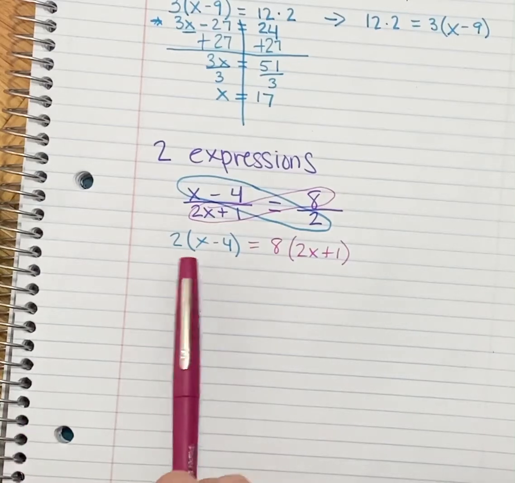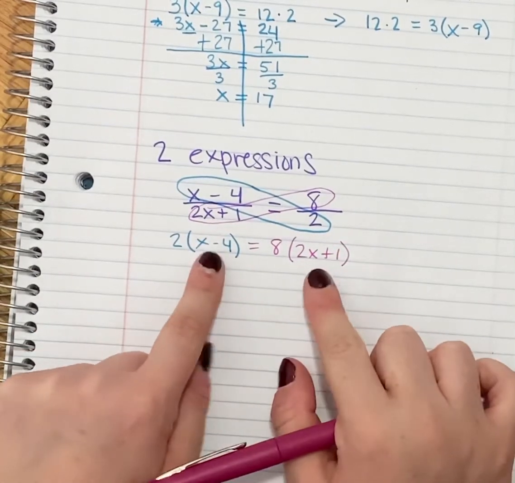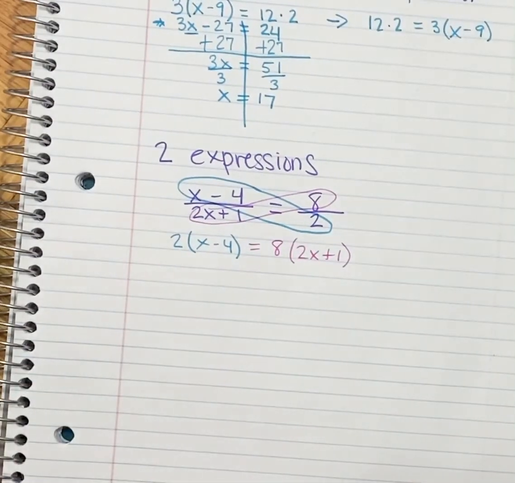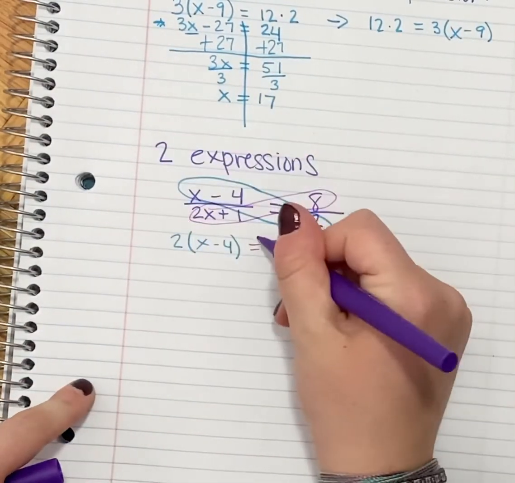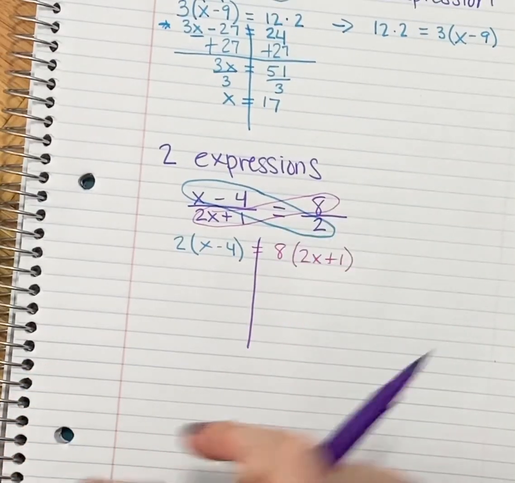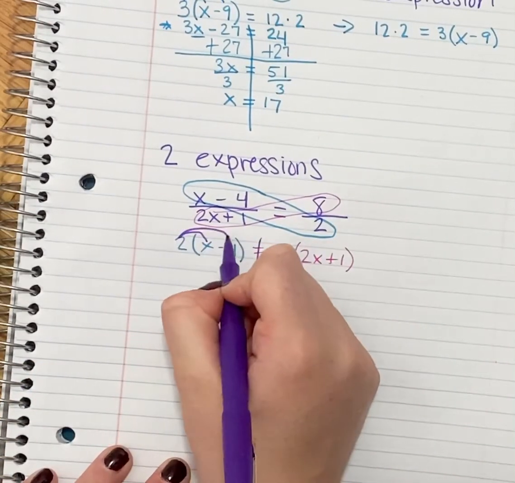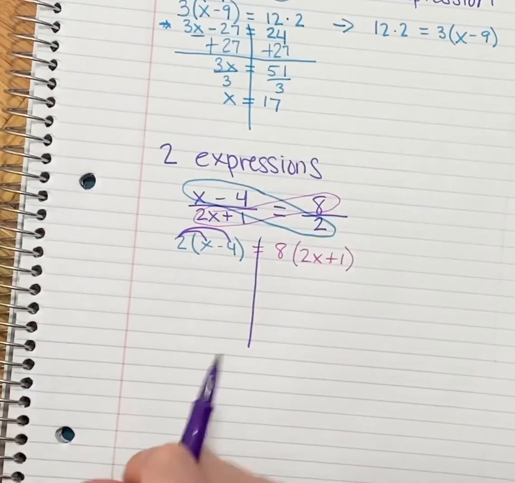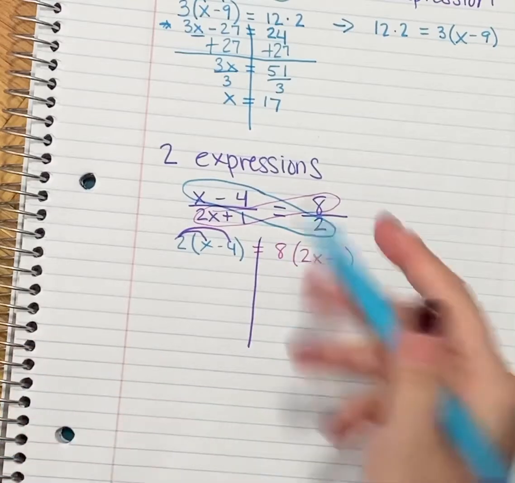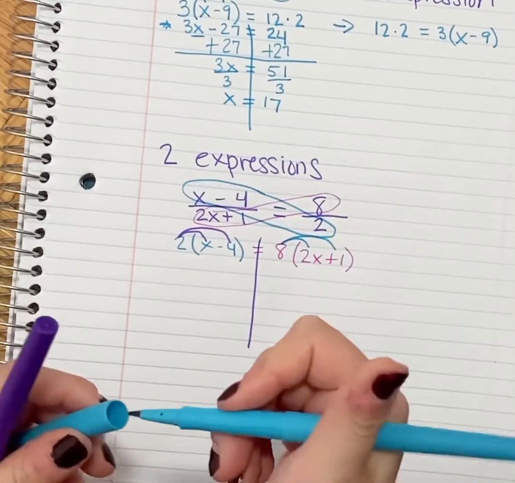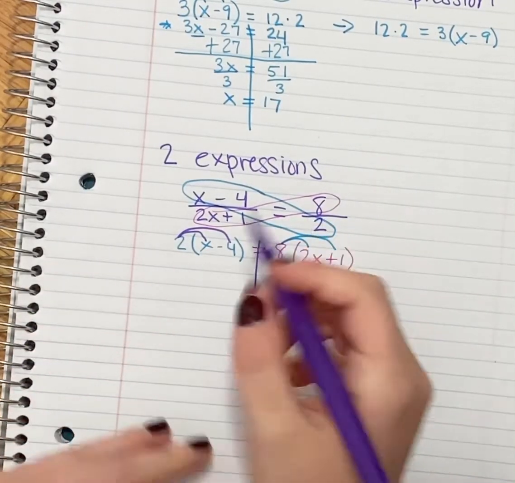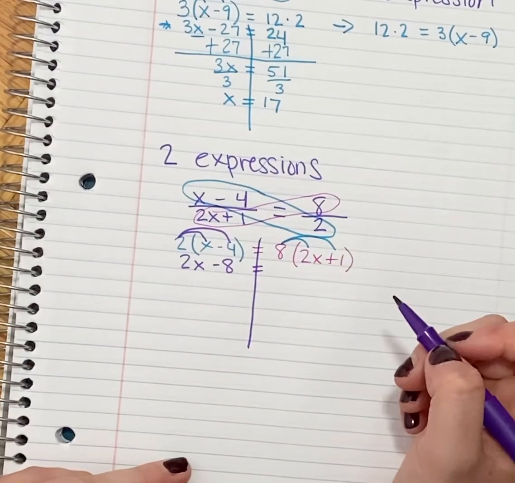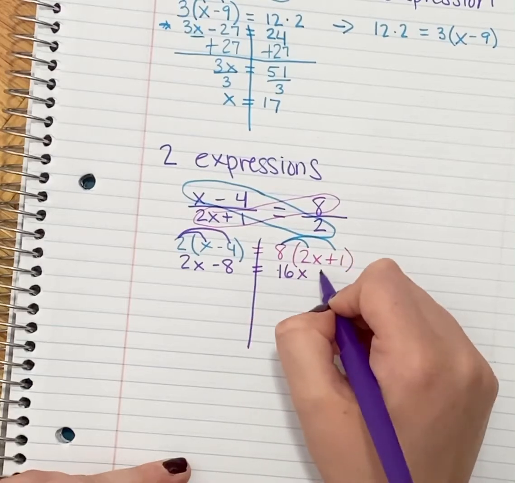Now we have two expressions, one on each side of this equal sign. So instead of distributing once like we did up here, we actually have to distribute twice. This 2 we distribute to this expression, and this 8 we distribute to this expression. Then we end up with 2x minus 8 equals 16x plus 8.